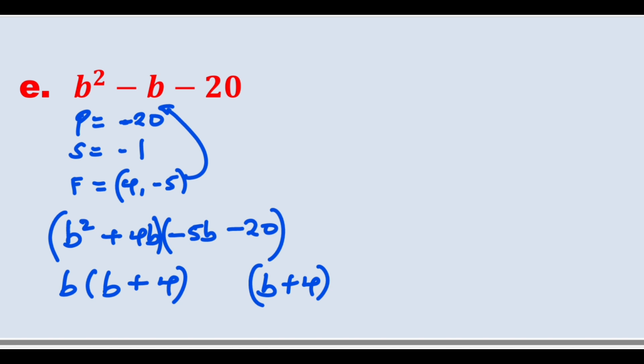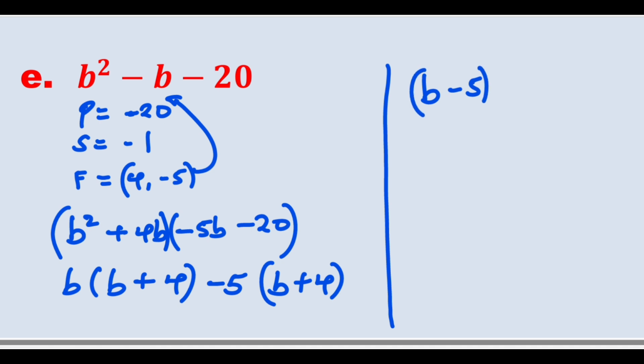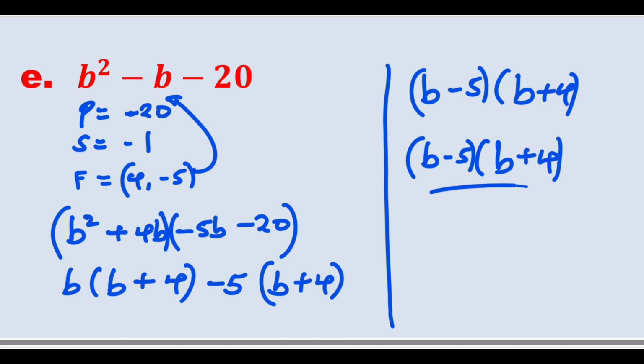From b to minus 5b, that automatically becomes negative 5. So negative 5 times b gives you negative 5b. Now at this point, pick the number outside the bracket, b minus 5, and then pick one of the brackets, b plus 4. So the correct factorization will be b minus 5 into b plus 4.